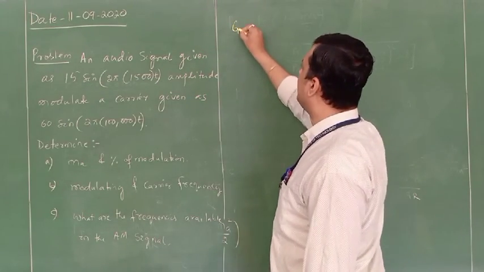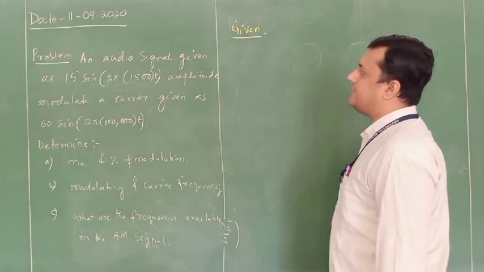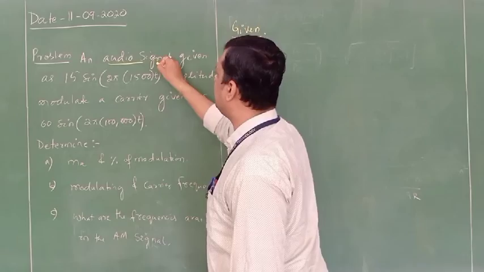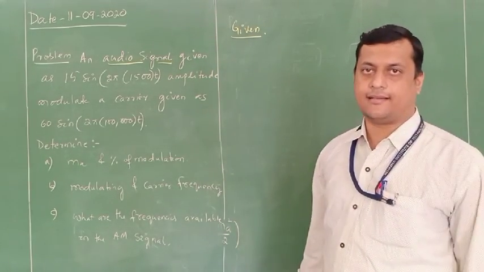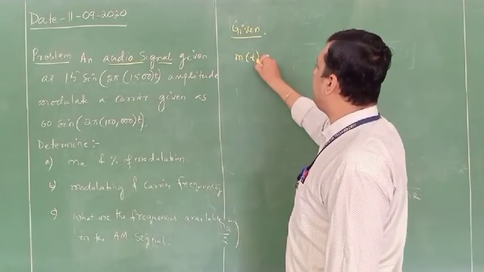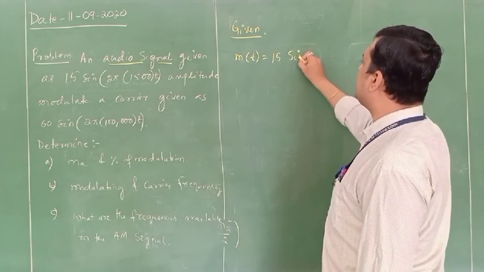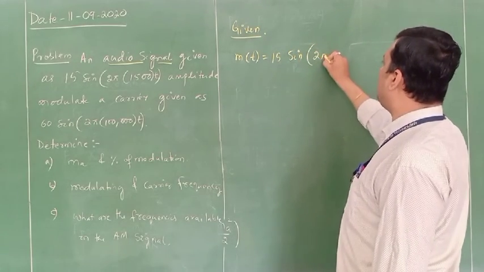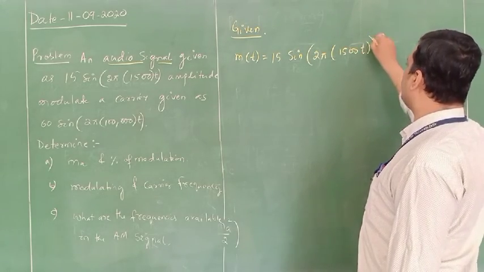Given data is, as it was written, an audio signal. Audio signal means your modulating signal. So modulating signal, I will write m of t is equal to 50 sine 2 pi 1500 t.